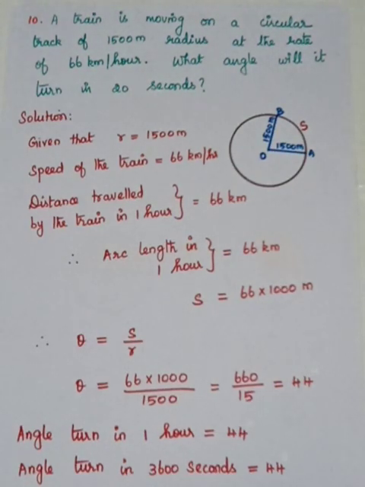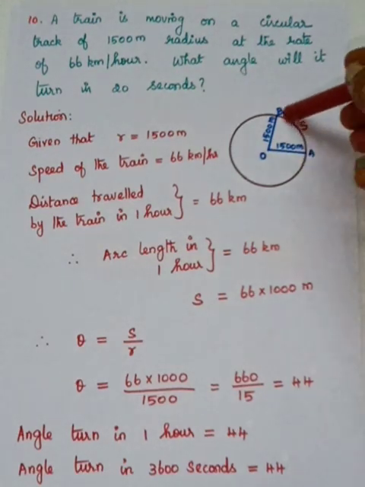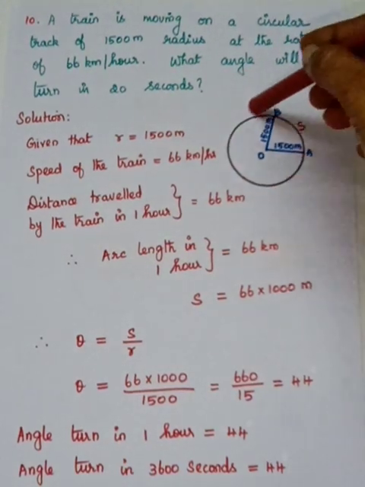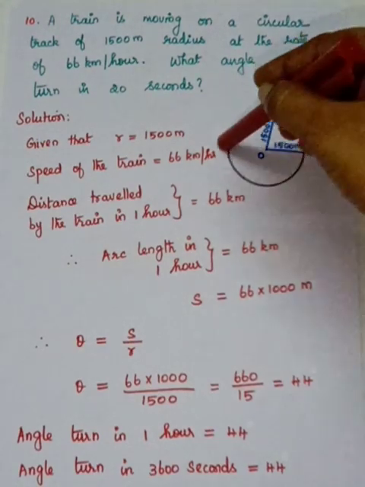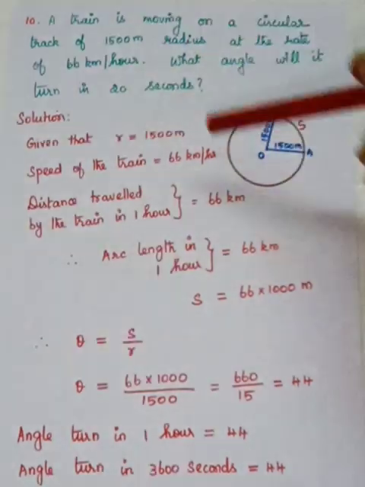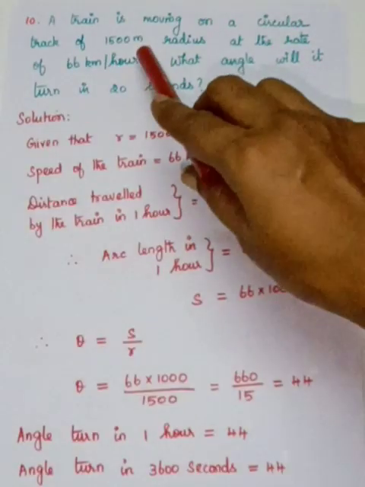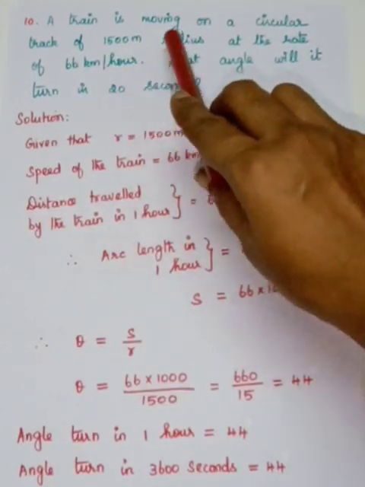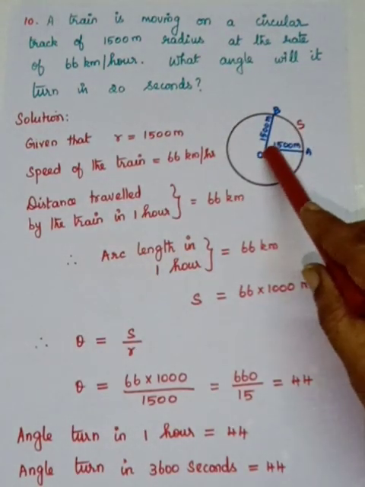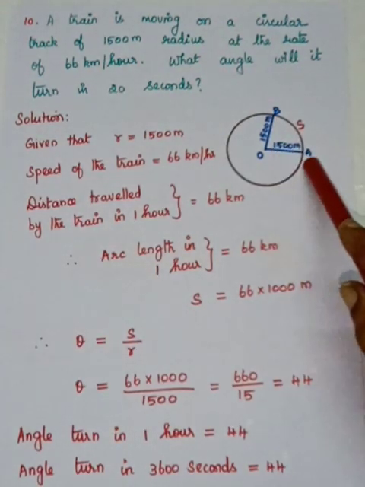You see how the train is moving along the circular track. The railway track is circular. So now your train is moving on the circular track of 1500 meter radius. So the radius is 1500.